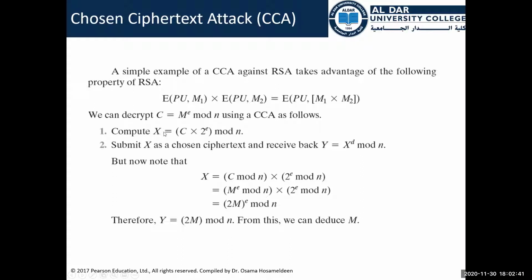Now we compute X equals C, the ciphertext, multiplied by 2 to the power E, where E is the public key, mod N. After that, we send X to the decryptor, and we get back Y. Y will be X to the power D mod N.